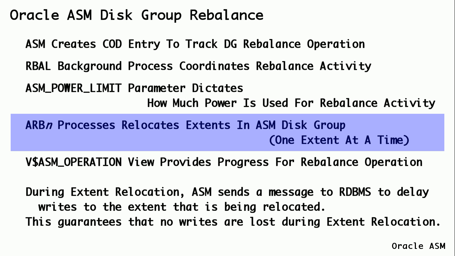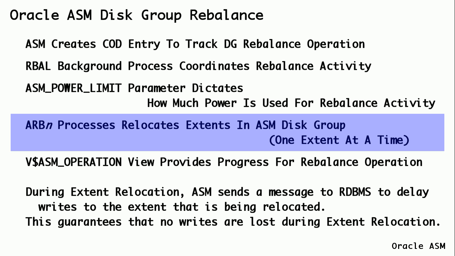The ARB background process on the ASM instance is the ASM rebalance process. ASM can start multiple ARB processes to speed up the rebalance operation. The ARB process relocates ASM extents within an ASM disk group using plans provided by the RBAL process.